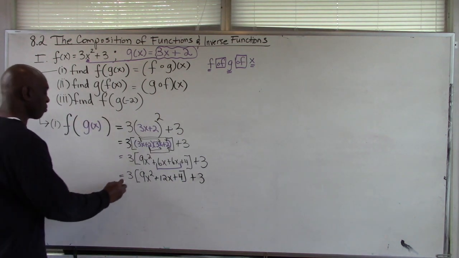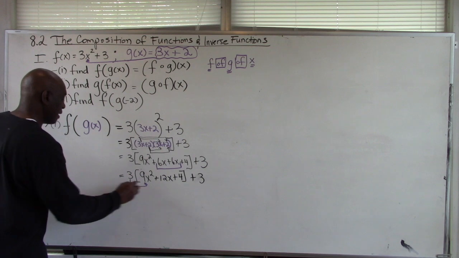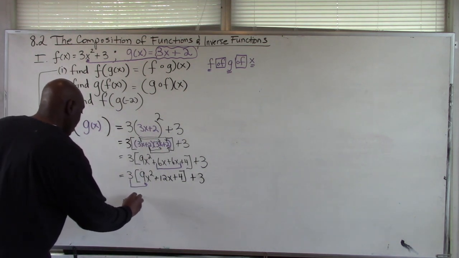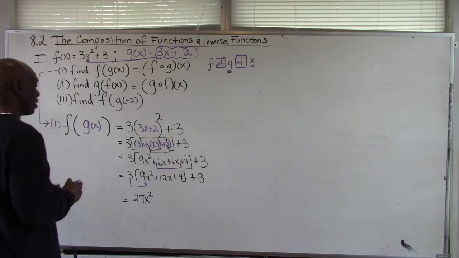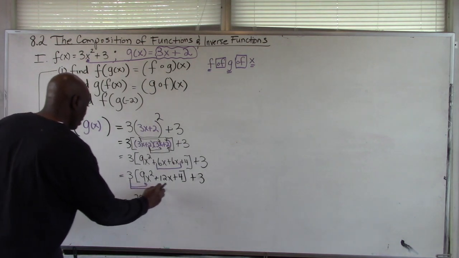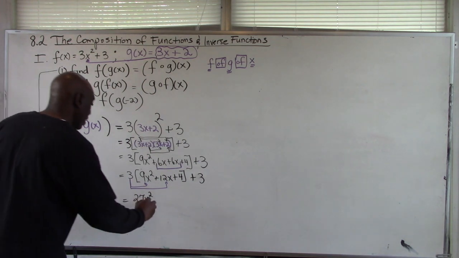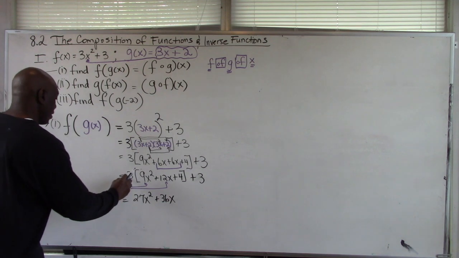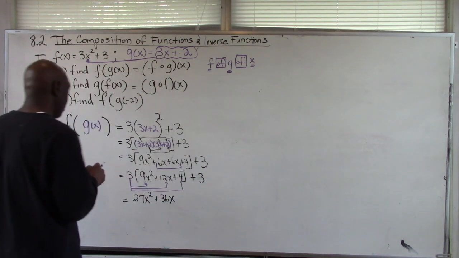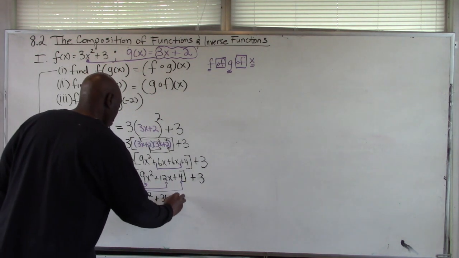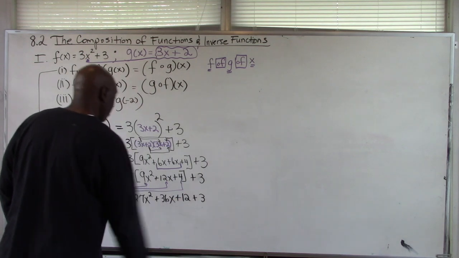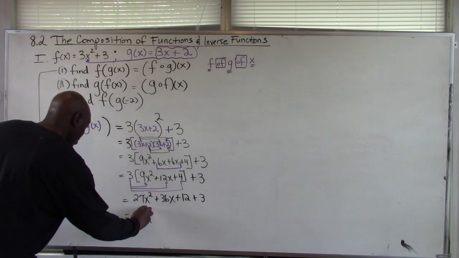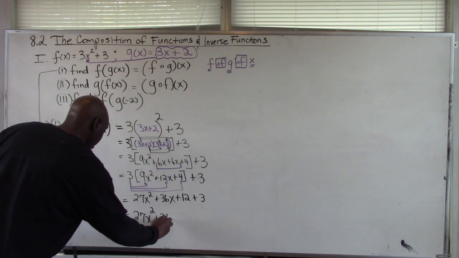And now take this 3 and multiply it. 3 times 9 is 27x squared. Okay. And then 3 times 12, plus 36x. And then 3 times 4, plus 12. And then plus 3. Last step: equals 27x squared plus 36x.